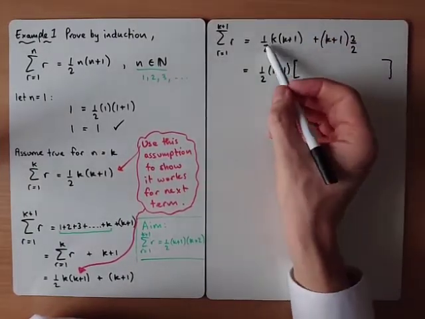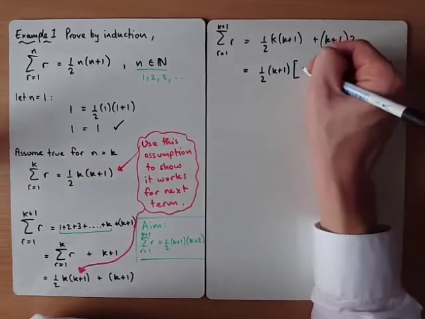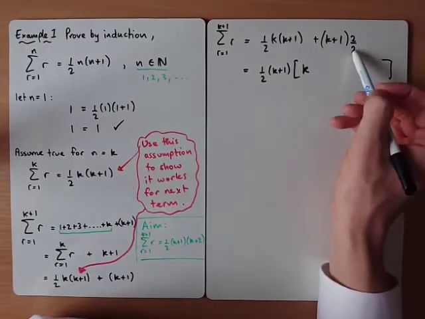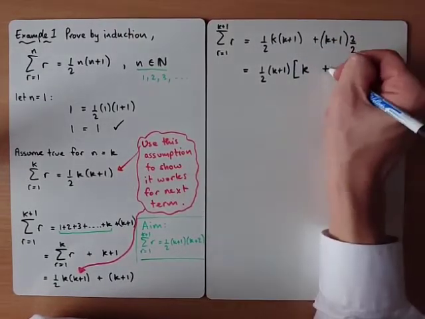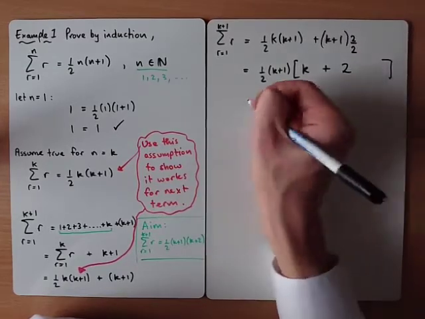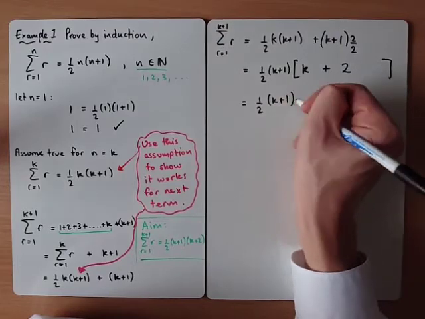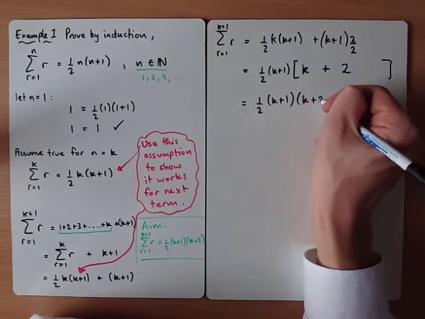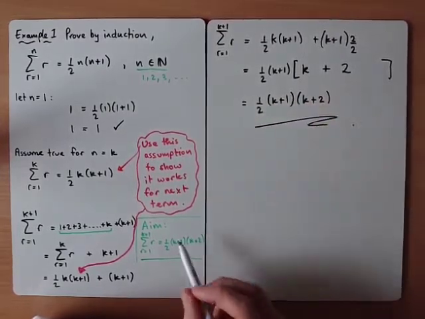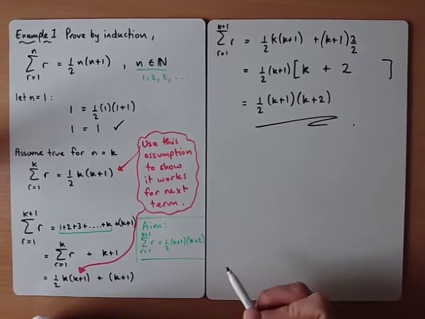If I do that, I've taken a half and the k plus 1, I'll be left with k. I've taken a half, I've taken the k plus 1 out, I'll be left with 2. Which is the result that we were aiming for.